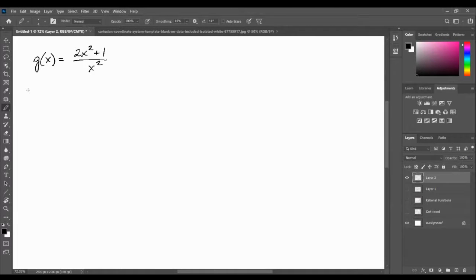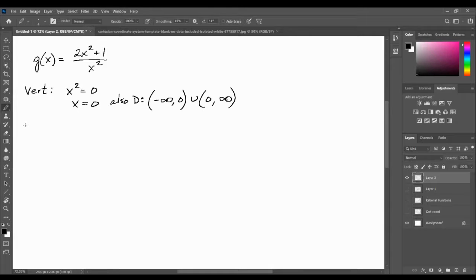So our vertical asymptote we find by setting the denominator equal to 0. So there's our vertical asymptote. Also, the domain is everything but that: negative infinity up to 0, and then 0 to positive infinity. So we've got the domain of this rational function, and we have a vertical asymptote.